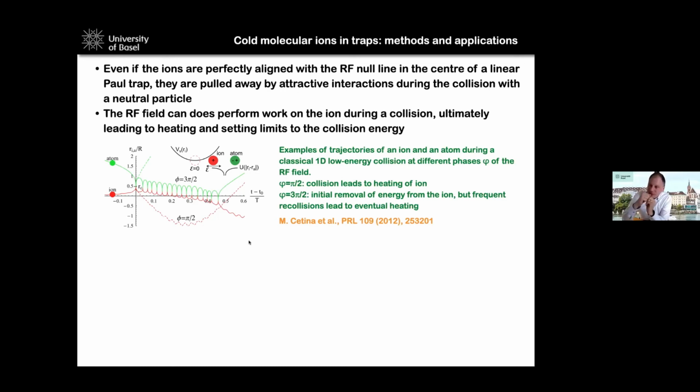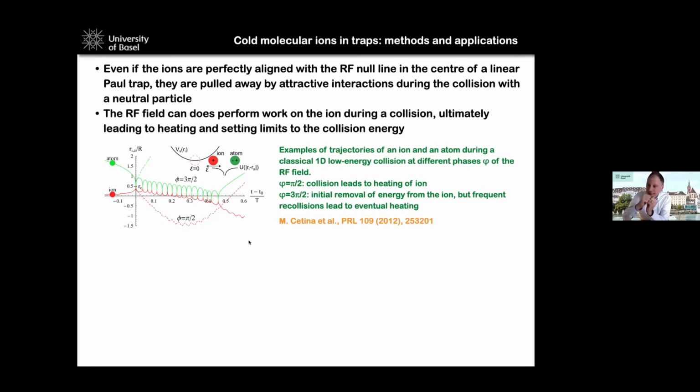And if then a collision happens under conditions where we have micromotion, then in unfavorable circumstances, through the collision, micromotion energy is coupled into the secular motion, and that then leads to a heating of the ions. And of course, how big a problem that is depends on when in the micromotion cycle the collision really happens. But if you average this over time, it turns out that you cannot really neglect this.